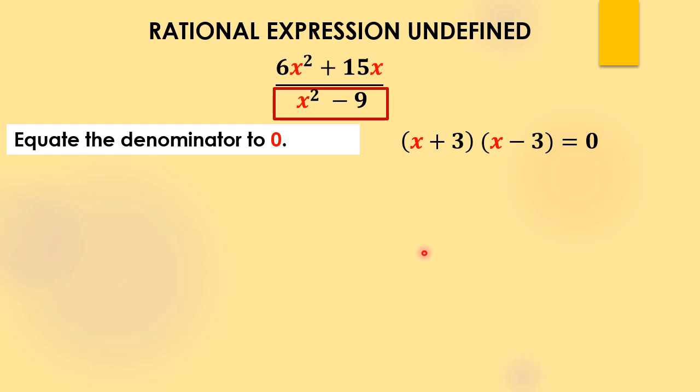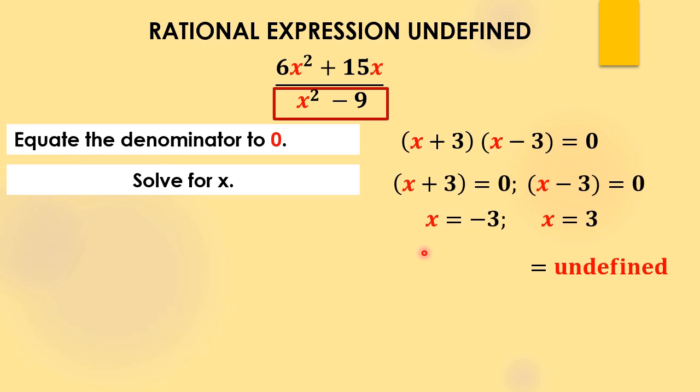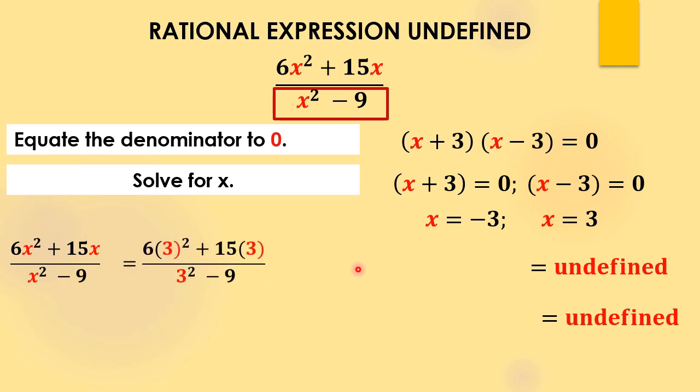Because of that, we have two restricted values for this. One is x equals -3 and the other one is x equals +3. If we replace x by -3, using the same expression, 6x squared plus 15x over x squared minus 9, if we replace x with one of these restricted values, it will give us an undefined value.